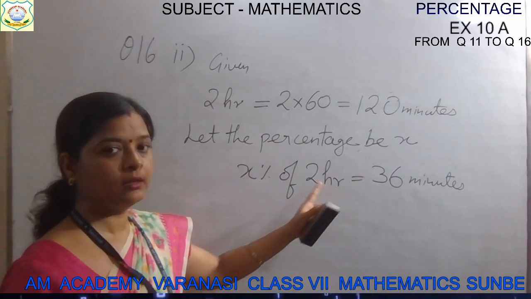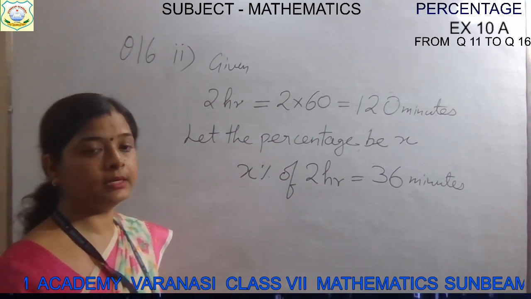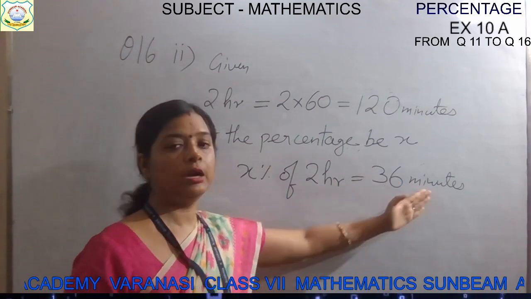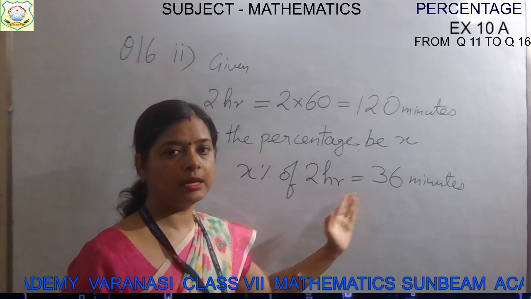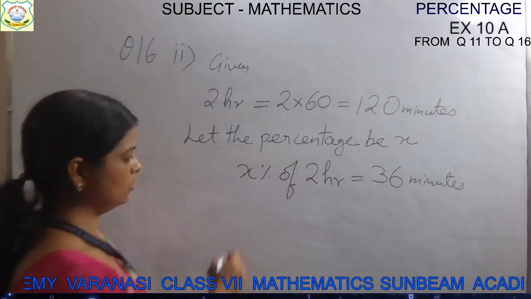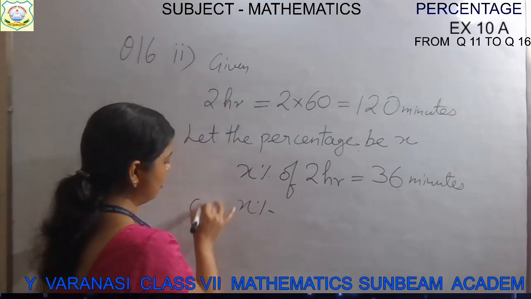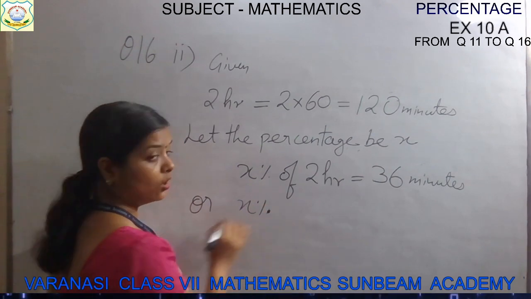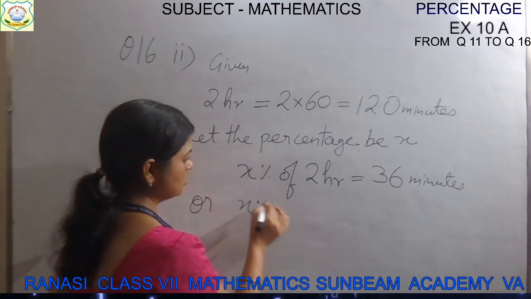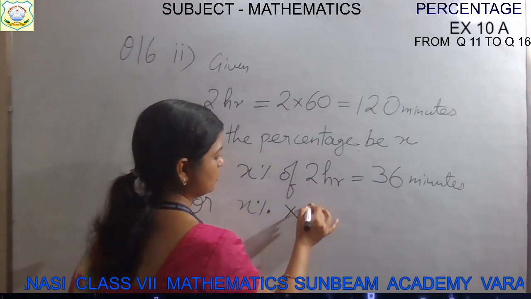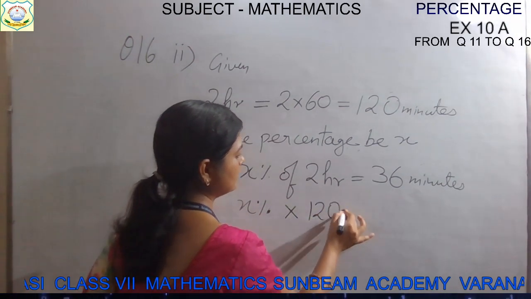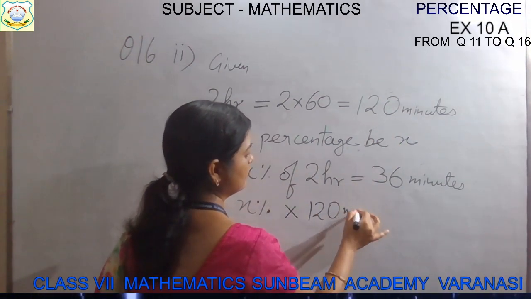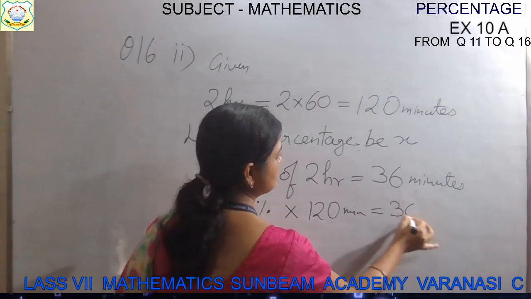2 hours will now be converted into minutes because they are not on the same platform, they are of different units. So x percentage of 2 hours means 120 minutes is 36 minutes.